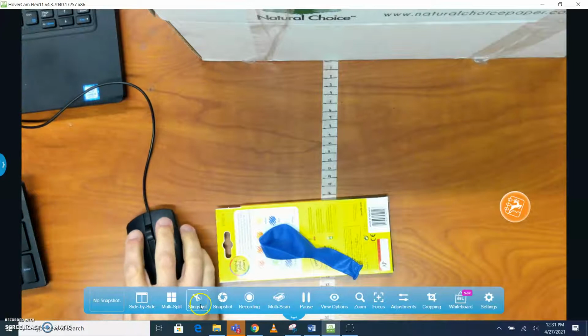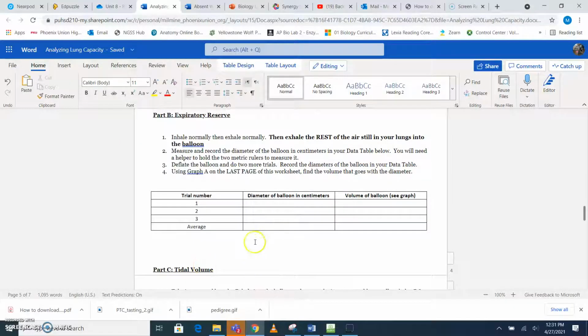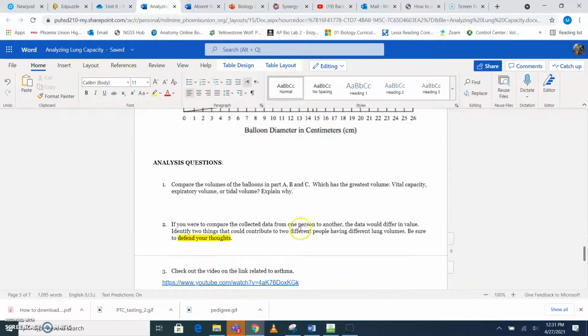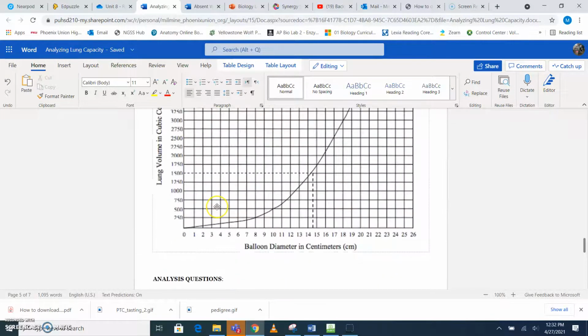So you now have the 3 trials from me for this data as well. You can then get the volume, and then you have the information that you need to answer the analysis questions that follow. Looks like there's 7 of those.